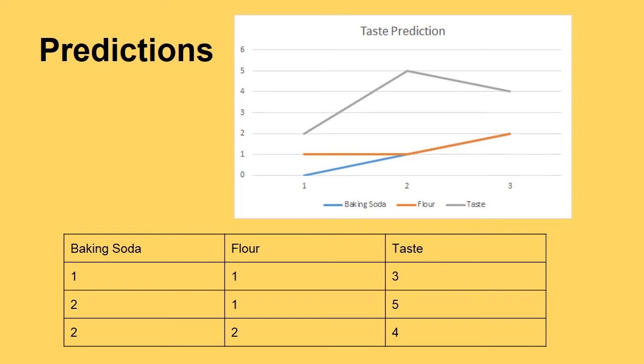With too much baking soda and too much flour, we subtract from the taste, but it's still not as bad as not having enough baking soda. As you can see in our graph, we have sort of a triangle for our taste, with our baking soda and our flour.